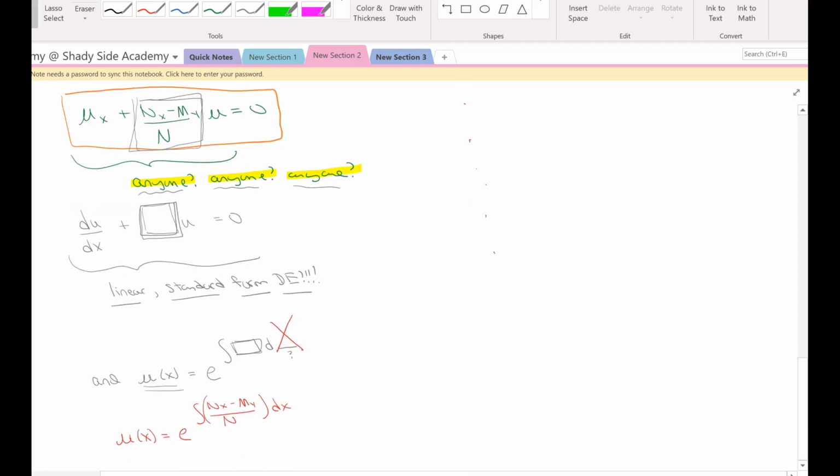But if we assume that u is just a function of y, then the other possible integrating factor, mu sub y, will be e raised to the improper integral of n sub x minus m sub y all over m. Dummy, please. What's the dummy? Yes, dy.